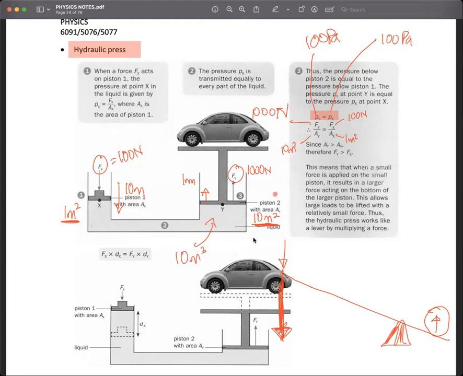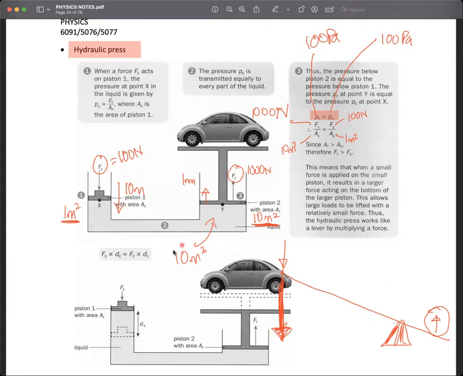So are you able to appreciate this hydraulic press now? With a very small force, you can actually create a greater force, but you need to push a much bigger distance to lift a small distance. Clear so far? So nothing is being created magically. The catch or the drawback is the distance is much more.